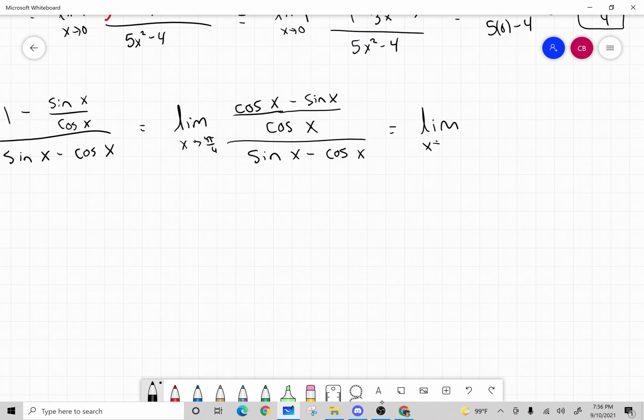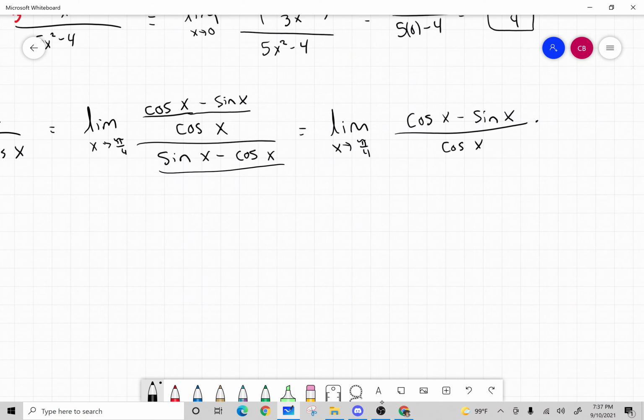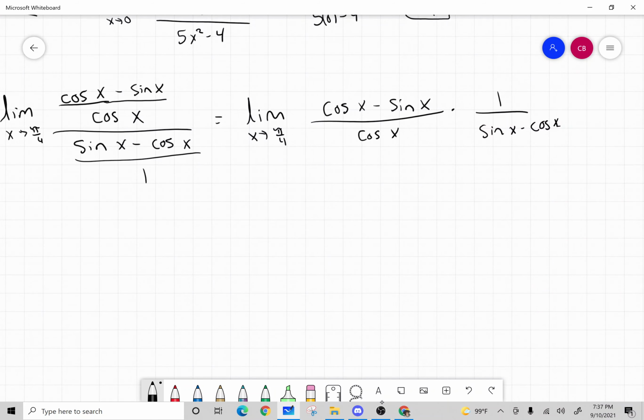Limit, x approaches pi over 4, and then we've got our cos x minus sine x over cos x, times, and then this is over 1. Keep this the same, change this to multiply, flip that over. We have 1, and then we've got sine x minus cos x. Okay.